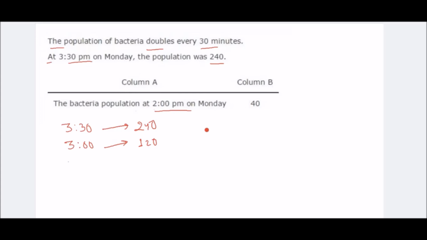On a similar pattern, at 2:30 the population was 60. So at 2 p.m. the population was half, that is 30. So the column A answer is 30 and column B is 40. That's why column B is greater than column A and the answer will be option B.